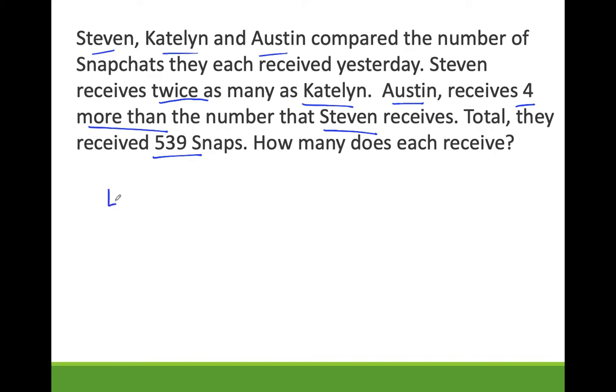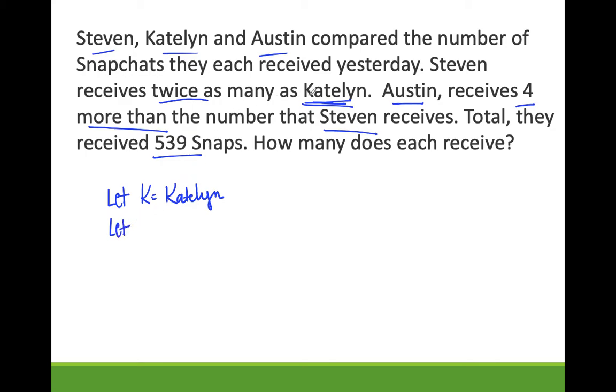So the hard part is deciding who is the first person you want to define your variable for. In this problem, we're going to use K for Caitlin, because Stephen refers to Caitlin and then Austin refers to Stephen. So if we start with Caitlin, then we can write an expression for Stephen.